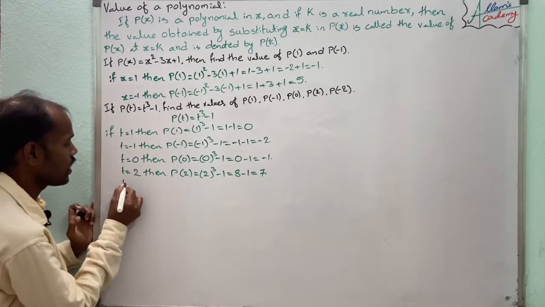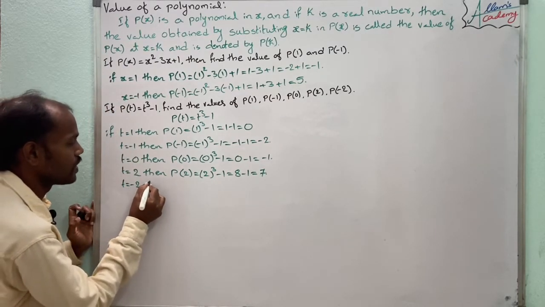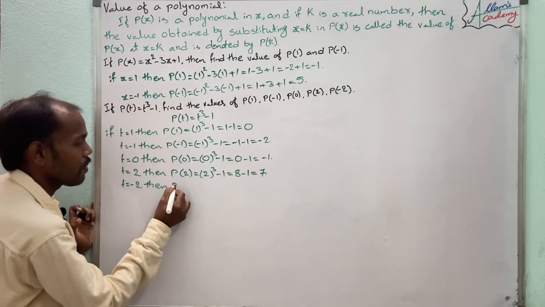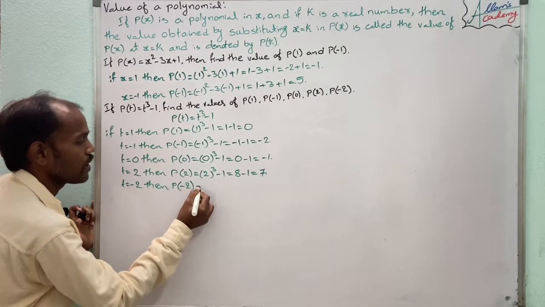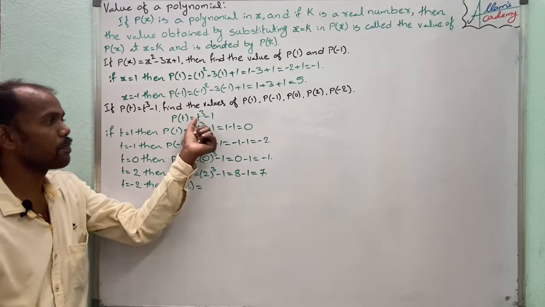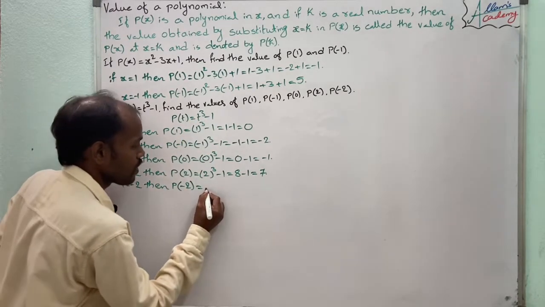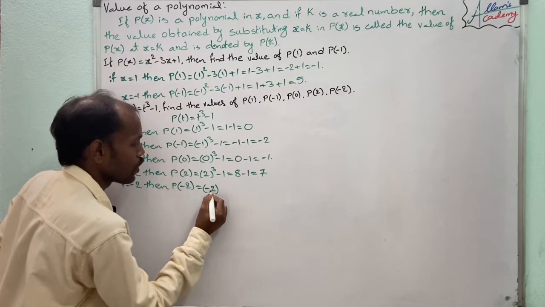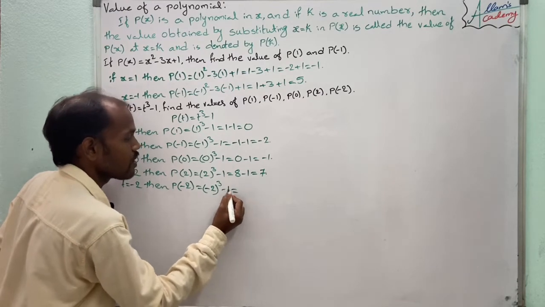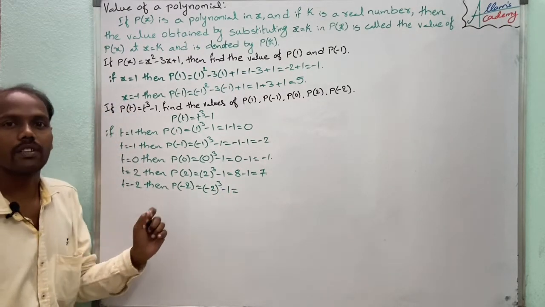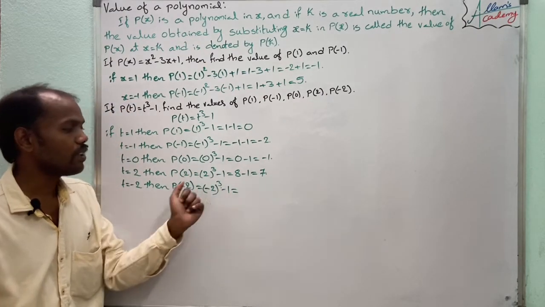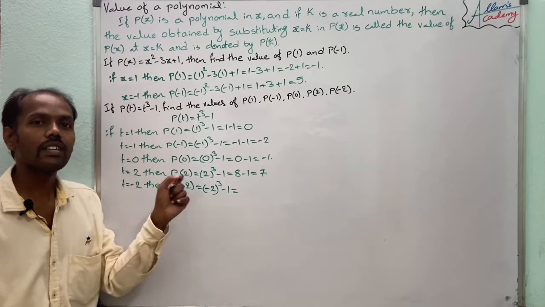Next, if t equal to minus 2, then p of minus 2 equal to, here in the t place we substitute minus 2, so minus 2 whole cube minus 1. It is an odd power, so we get a negative symbol.